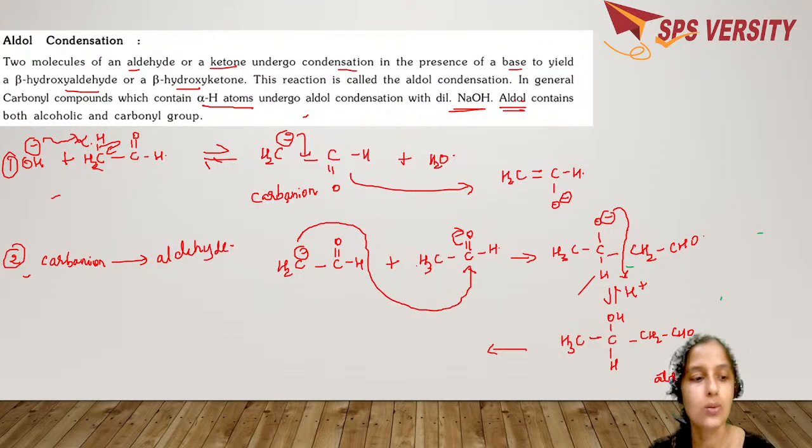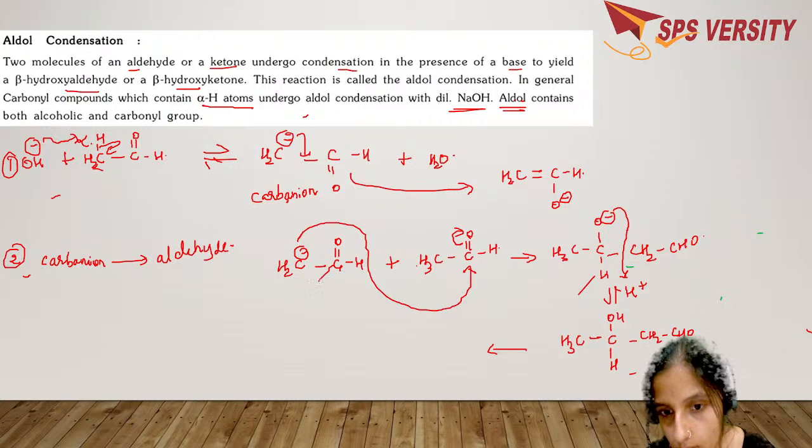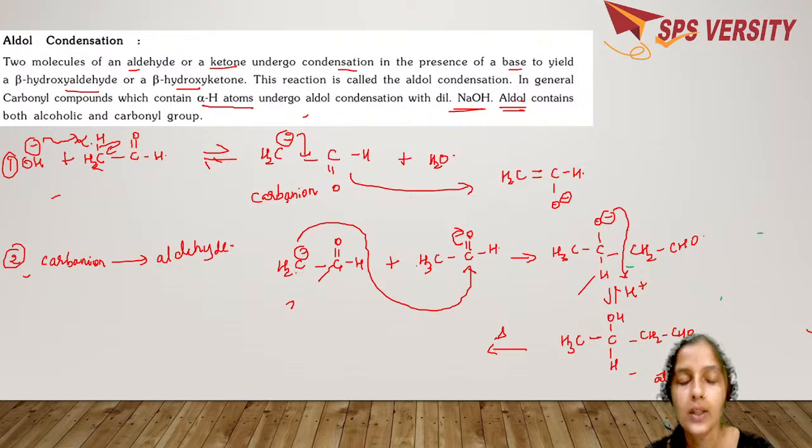Now after this, what is going to happen? When you heat it, there is elimination of water. One hydrogen from here, one hydrogen from here will go. So you get CH3, CH double bond CHO.